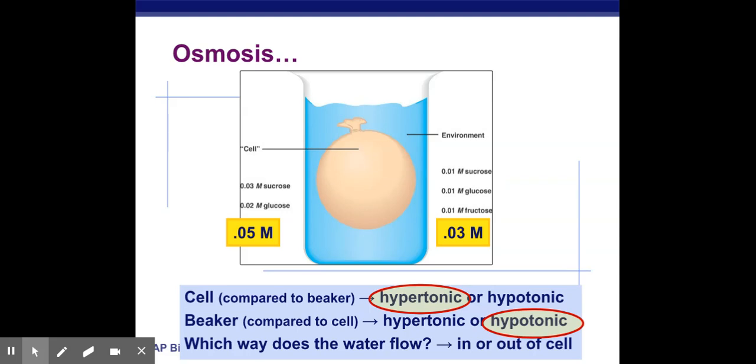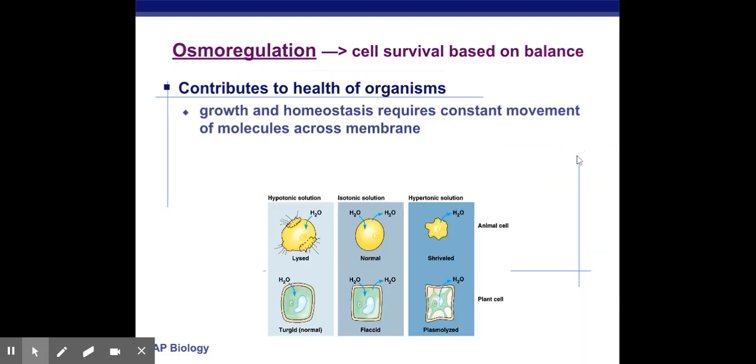So if we identify it in this fashion, it's going to move from hypo to hyper, which is from the beaker, or the environment, into the cell. This would cause the water to rush into the cell. So the cell would begin to get larger. It would gain water. Potentially, if it's too much, it could possibly burst and lyse and undergo that process.